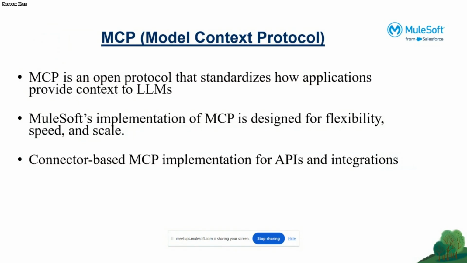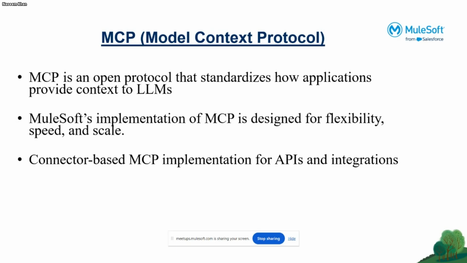Just as USB-C provides a standardized way to connect our devices to various peripherals, it is a unified way to connect to various devices and accessories. MCP provides a standard way to connect AI models to different data sources and tools.